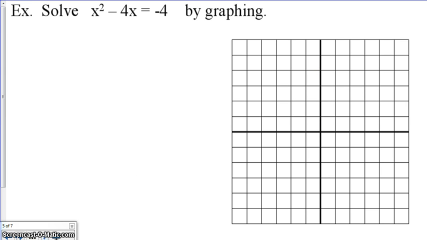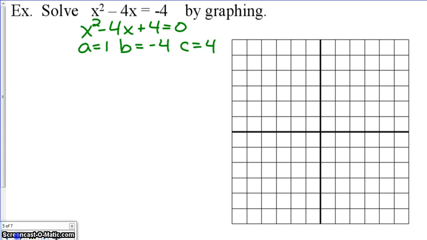We're going to solve the next one by graphing as well. So remember, we want our equation to be equal to 0. So set your equation equal to 0. You can see your A, B, and C values. We're going to find the x-coordinate of our vertex, and then make our t-table.